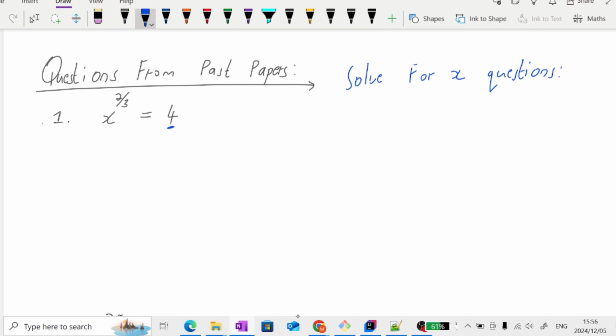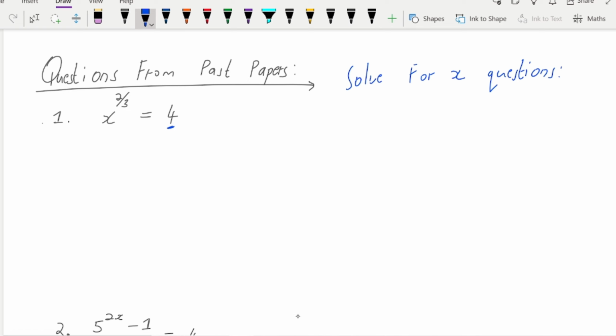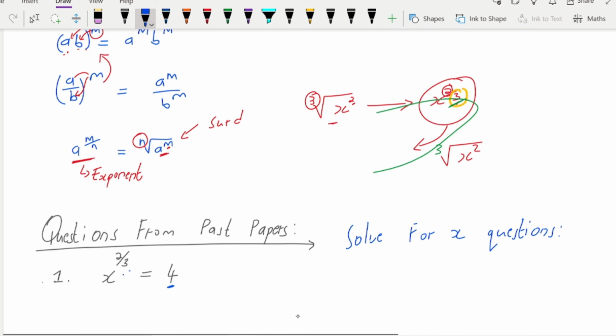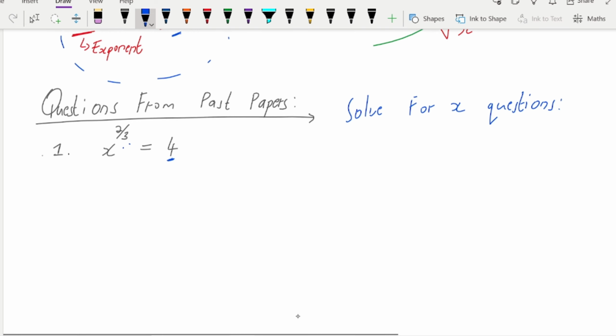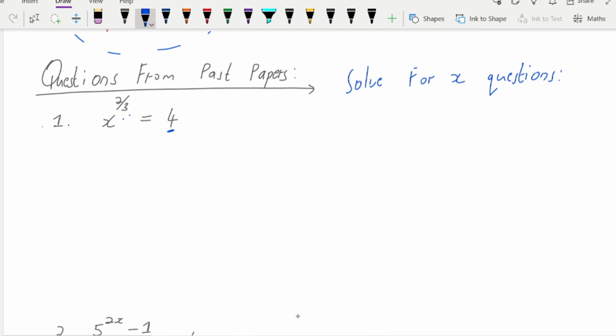So to solve this, you first start by simplifying this using this rule. We're going to turn this into root form, and at the same time simplify this to give us an exponent.